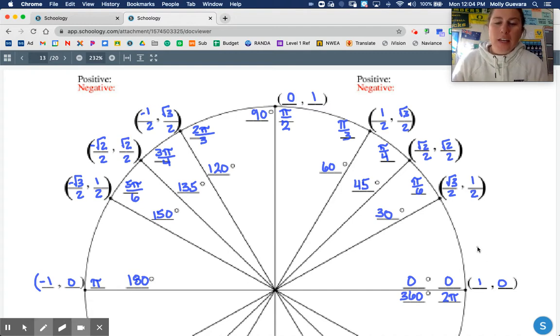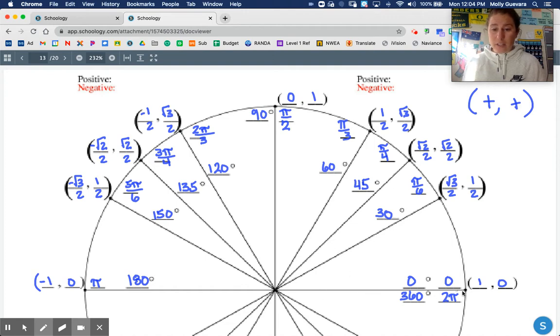Okay, so here is quadrants 1 and 2. Obviously, I can't fit the entire unit circle in. But for quadrants 1 and 2, hopefully you notice that the x and y coordinates for our main angles on the unit circle stay the same. It just depends on whether they're positive or negative depending on the quadrant. So in quadrant 1, both your x coordinate and your y coordinate are going to be positive because of where they are.